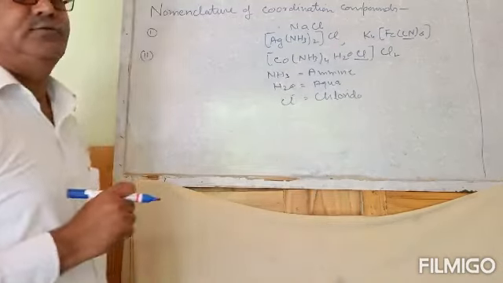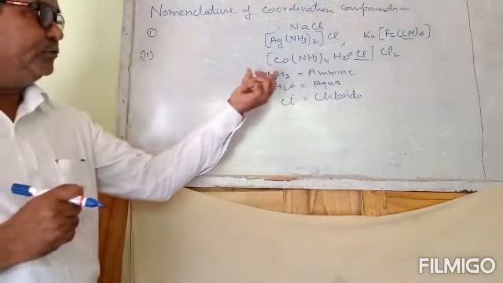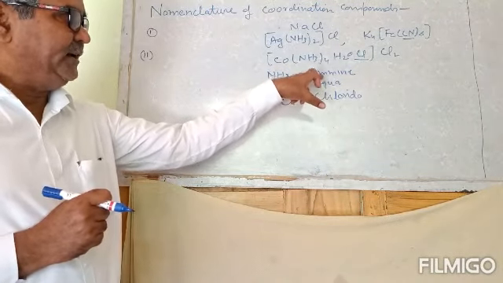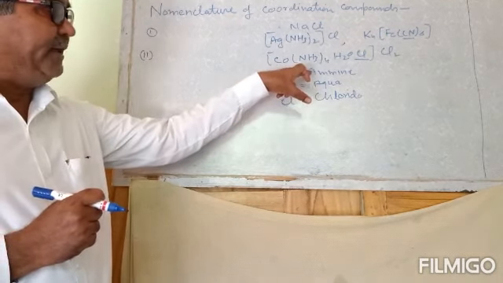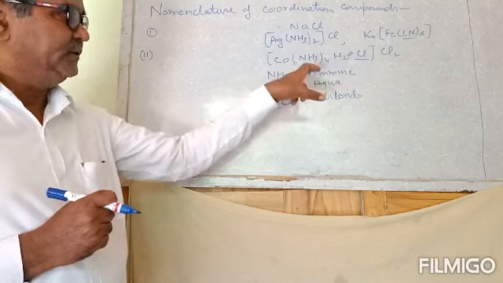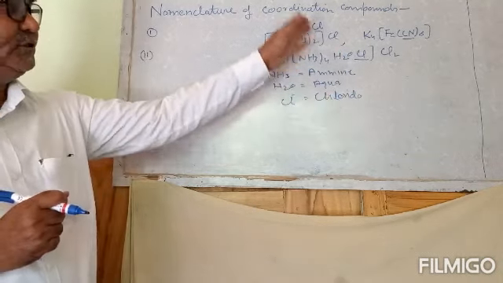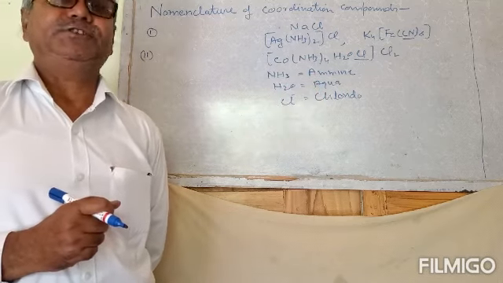O is added. Now see here, A, both have A, but M comes before Q in the alphabetical order. Therefore, amine will be named first, then aqua, and then chlorido. This will be the order of naming the ligands.